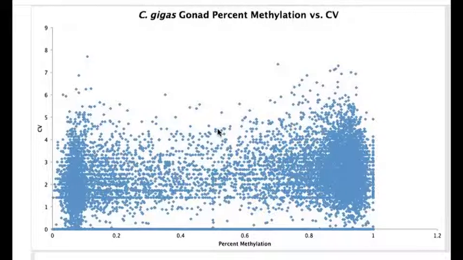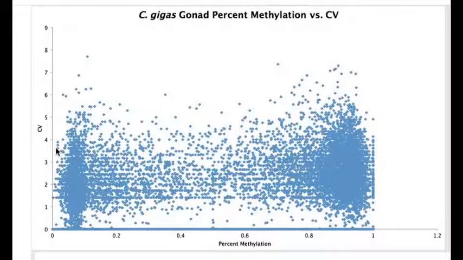Oyster gonad tissue. So the benefit of bisulfite sequencing is you get high throughput data that you can see the methylation status on every single cytosine in the genome. So this figure is showing the percent methylation on the x-axis versus the CV, the coefficient of variation.